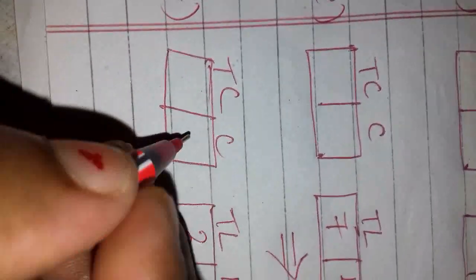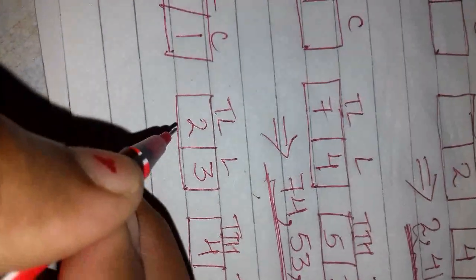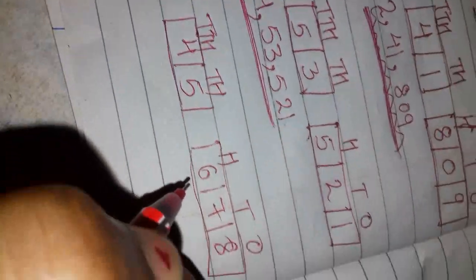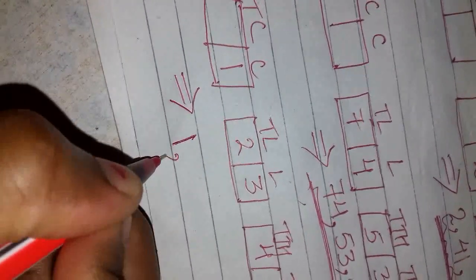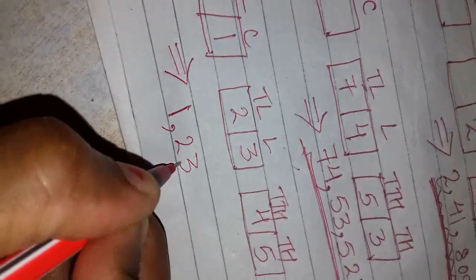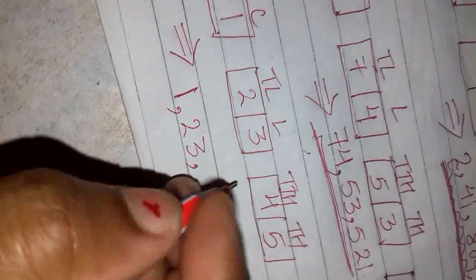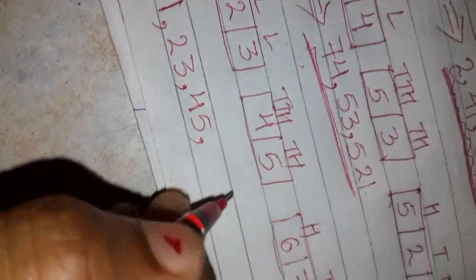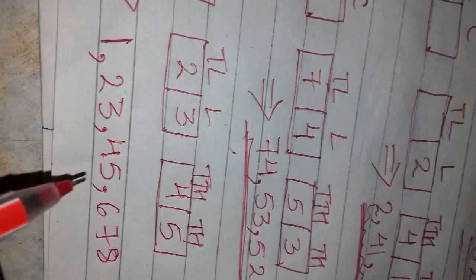And in crore period we have 1 crore. 1,23,45,678. This is how we will write in figure. Crore period, comma, 23 lakh, comma, lakh period, 45,000, comma, 1000 period, 678. So after every period we will put a comma while writing the digits of these large numbers.